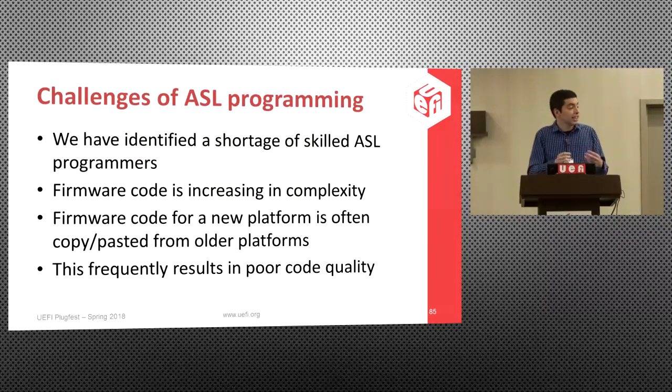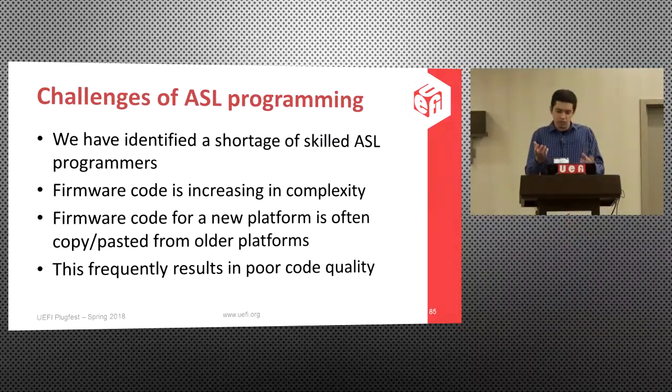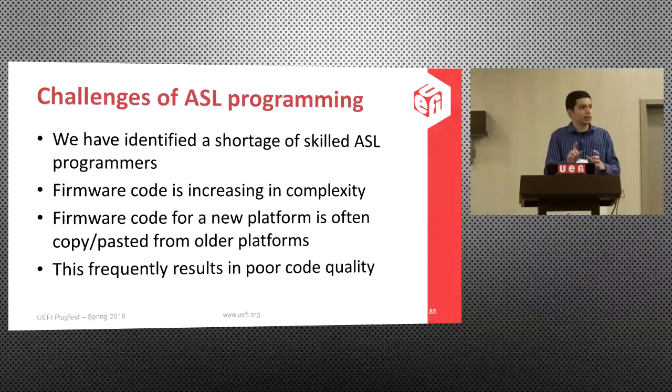The second is that the firmware code is increasing in complexity. On some platforms, there are many different configurations. So the firmware developers decide, well, we want to have one ASL table that can take care of all these different configurations.